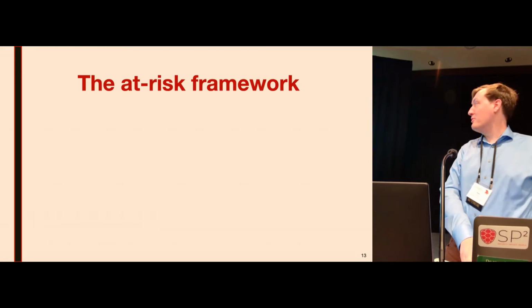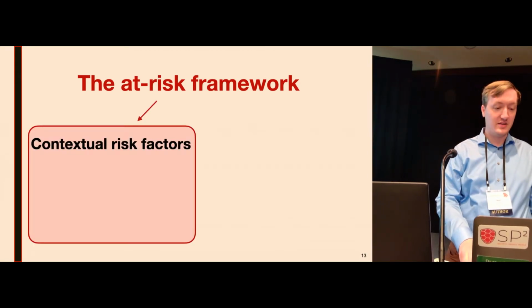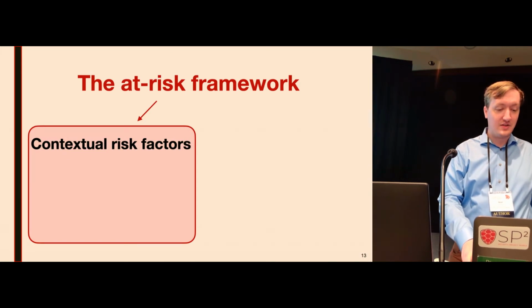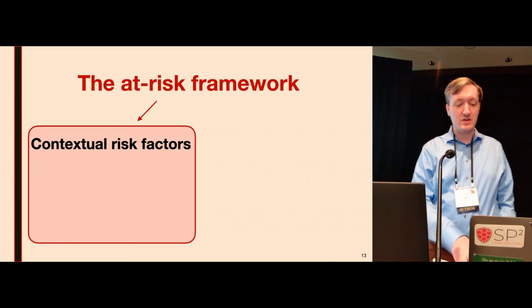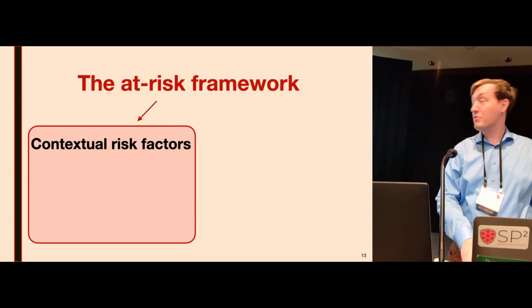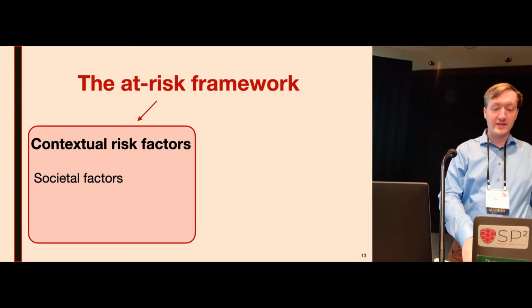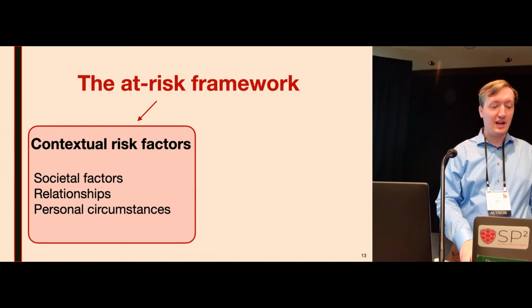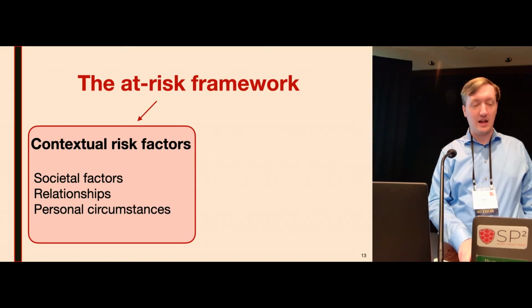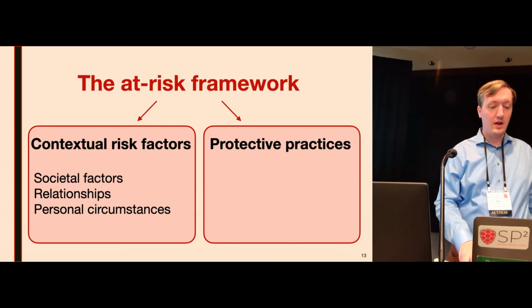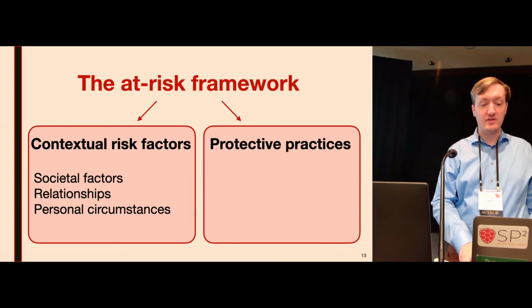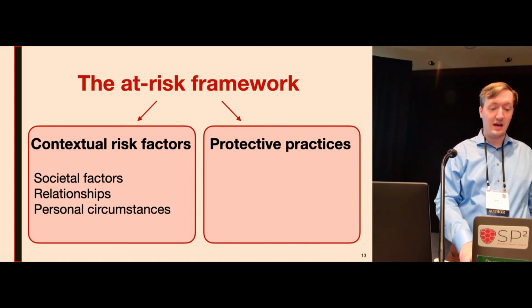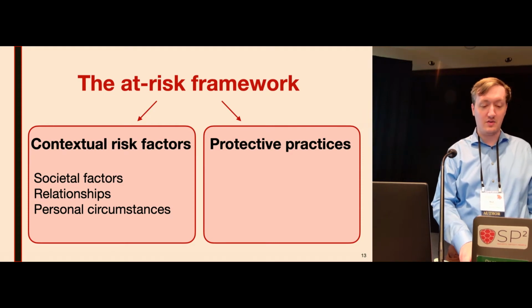So here's a summary of the at-risk framework's major components. First, we identified the factors that augment or amplify digital safety risk for these users, which are divided into 3 broad categories: broad societal factors, specific relationships that expose them to risk, and a variety of personal circumstances that elevate digital safety risk. We also identified 3 categories of protective practices and strategies at-risk users employ to ameliorate those risks.